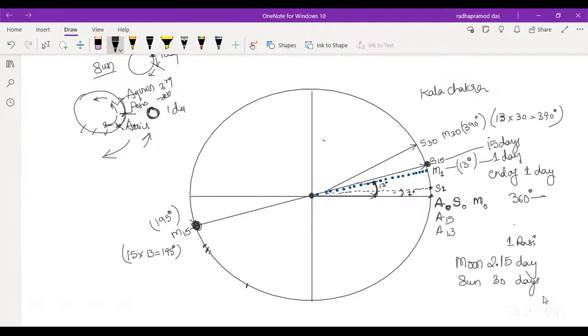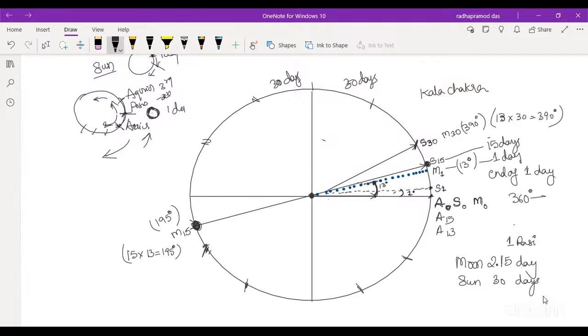So the sun after 30 days will end one zodiac sign. So every zodiac sign has 30 days because it is 12 parts, right? By the time sun completes one zodiac sign, moon also comes to the same point.